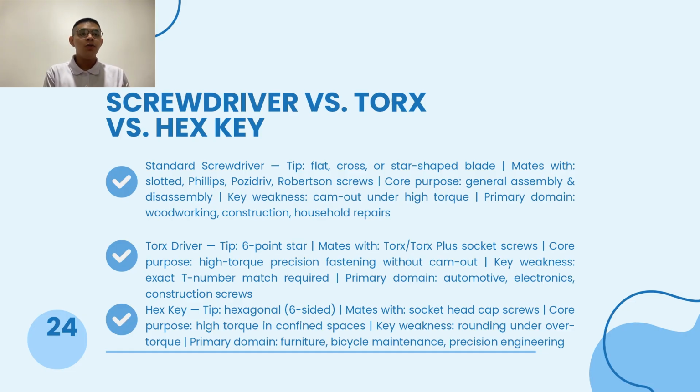Torx drivers use a 6-point star tip for high torque precision fastening without cam-out, but require an exact T-number match, making them essential in automotive and electronics. Hex keys use a hexagonal 6-sided tip for high torque in confined spaces, but are prone to rounding under over-torque, making them the go-to for furniture and precision engineering.